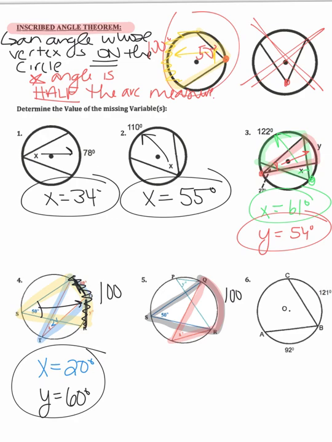If the arc is 100, then its corresponding angle is half because it's inscribed, so 50. And y also uses that same arc, so it's also 50. Another thing you can think about: if inscribed angles share the same arc, then these angles are all congruent. You don't need to know that to figure out these problems, but it is nice and helpful.